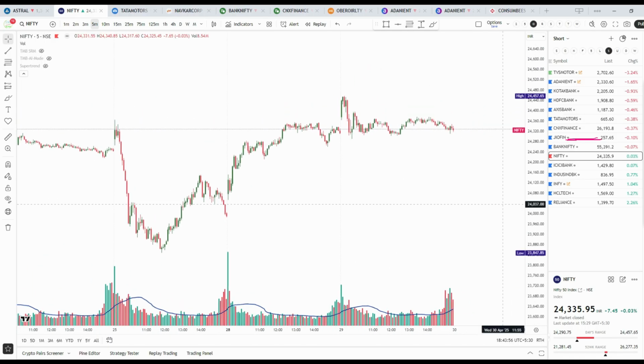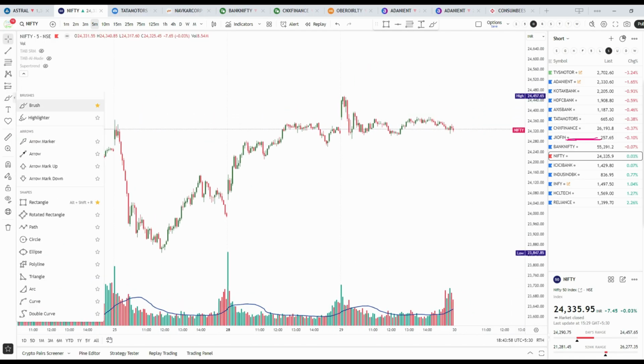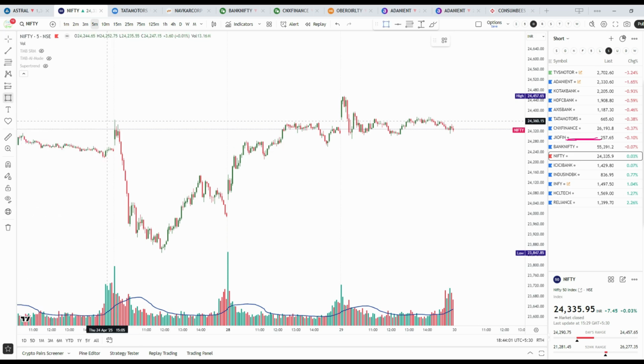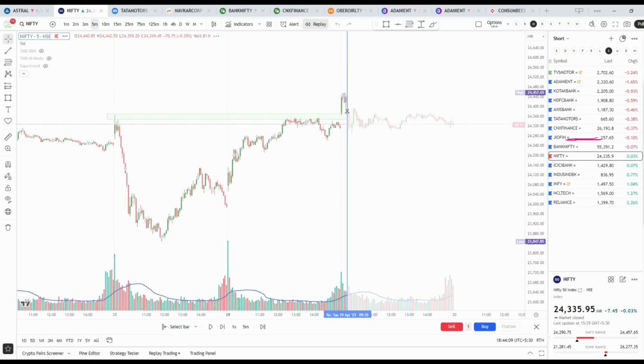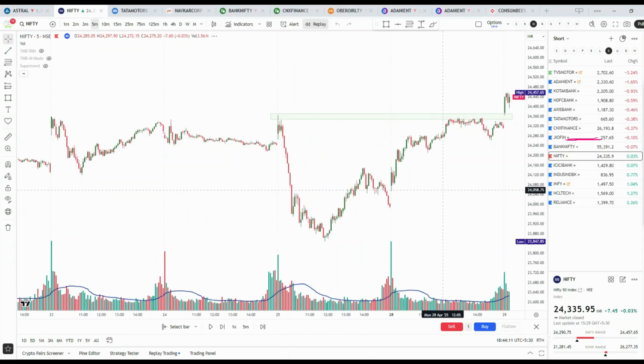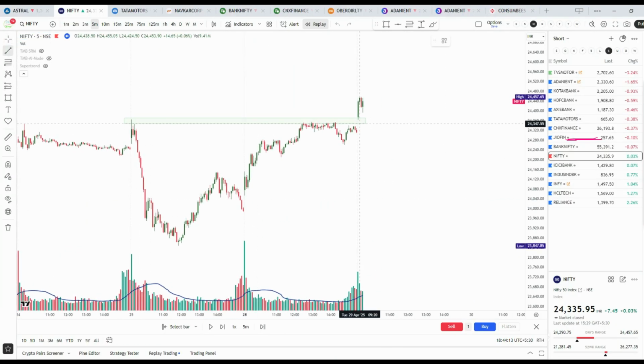Opened with, this is the area breakout. Let me cut this till this point. Now what I am going to do is draw the line like here. This is my entry area actually.